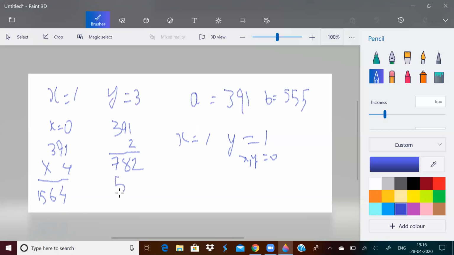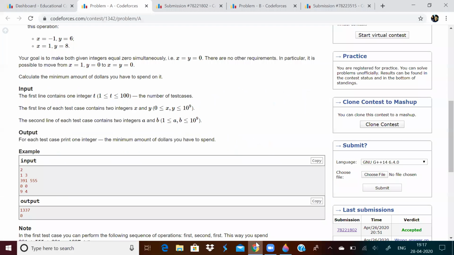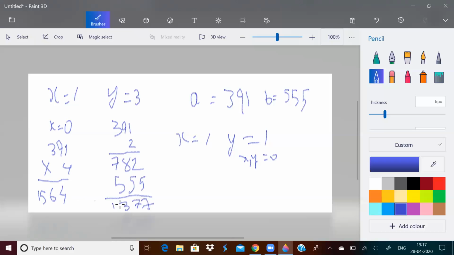How many times should I apply the second operation? Once. So what will be the total amount? 782 plus 555. See, we get the total amount as 1337. Why is 1337 printed? Because among these two, we need to print the smaller one.